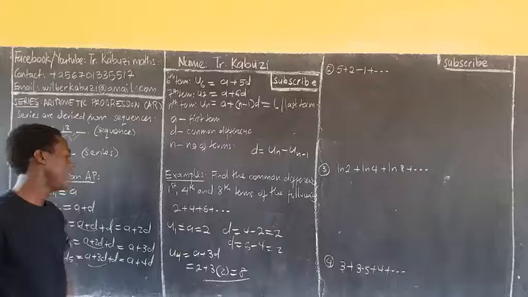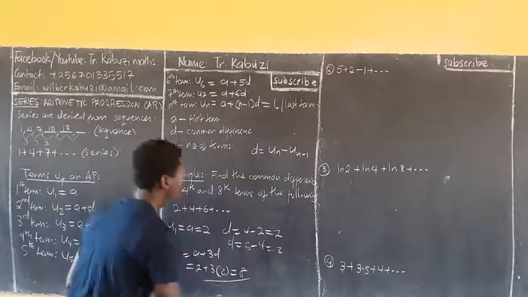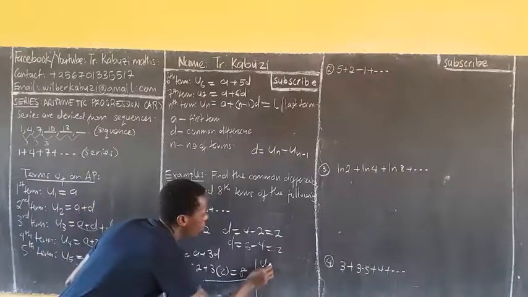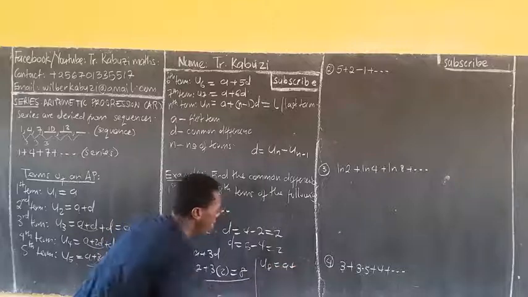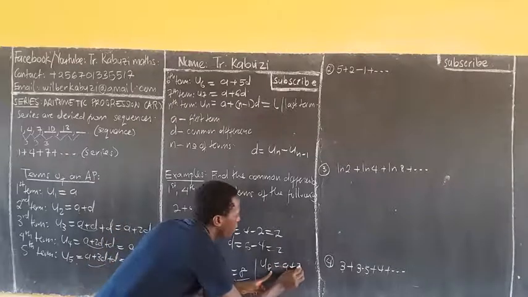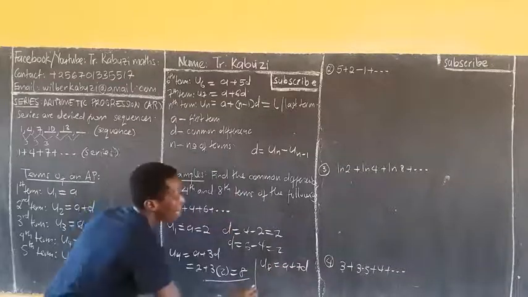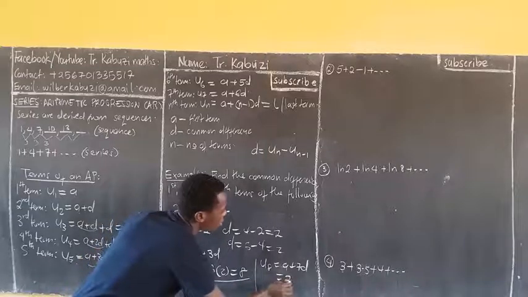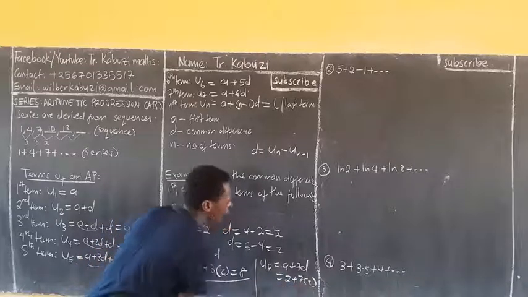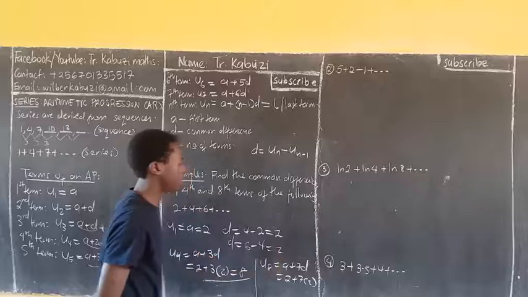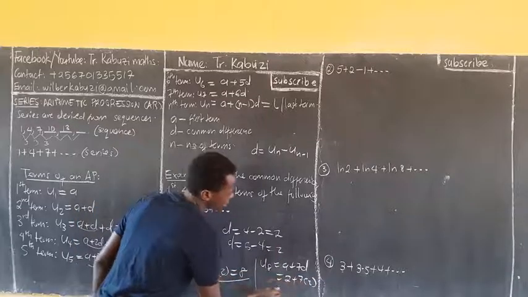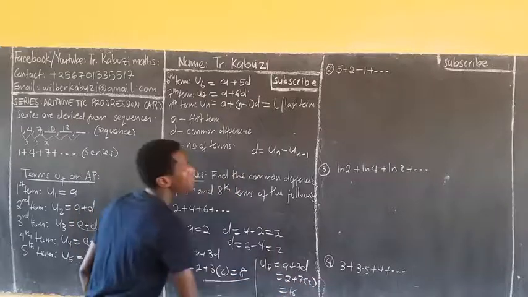Then to get the eighth term, u8 will be a plus, now because it's the eighth, the coefficient of d is going to be 7. My a will be 2, then plus 7 into 2, because my common difference is 2. So this is 14 plus 2, which will be 16.